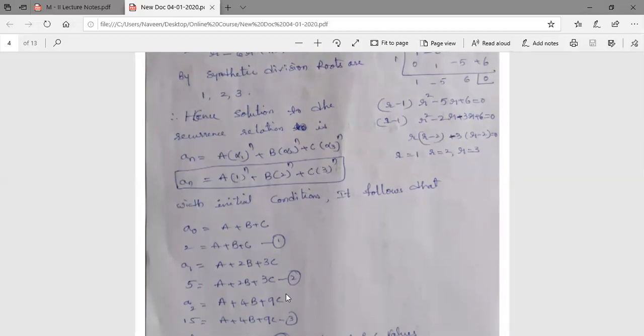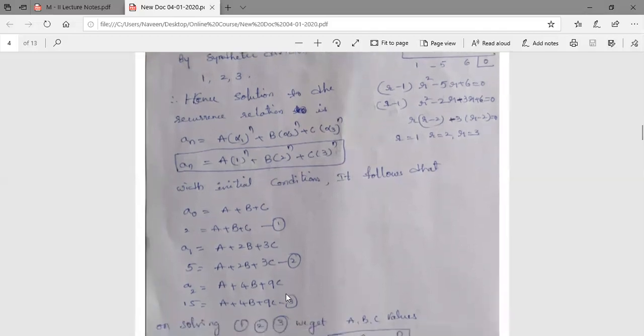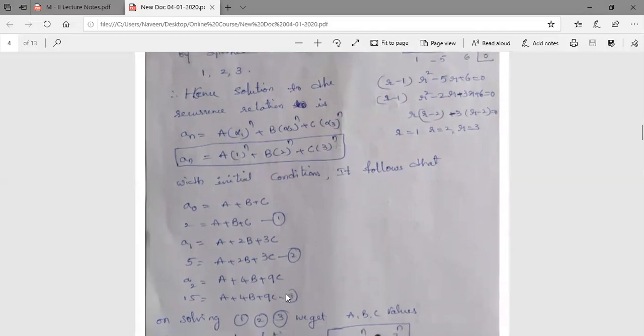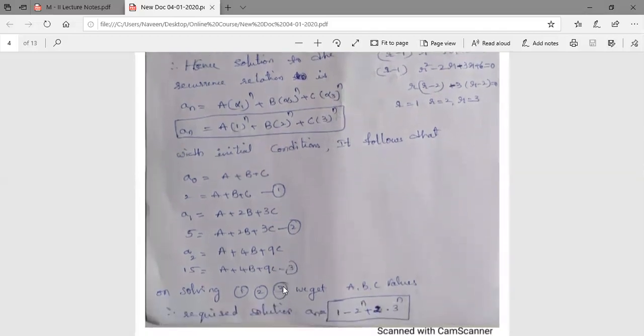By substituting n is equal to 2, we got a_2 value, that is 15 is equal to a plus 4b plus 9c. Here we have 3 values, 3 equations. To get A, B, C values, we need to solve these 3 equations.